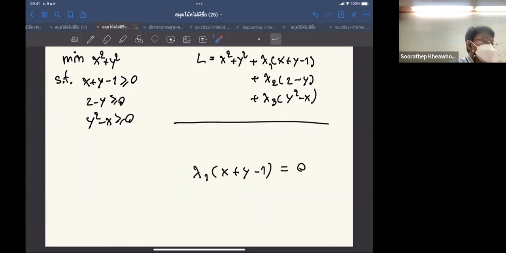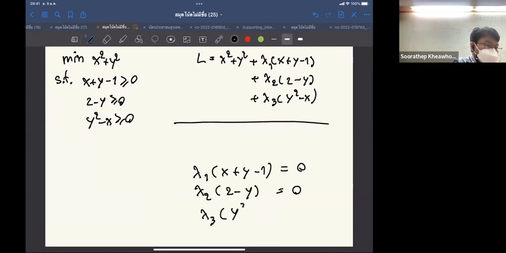So you need the same for lambda 2 and lambda 3. Those products must be 0 too.